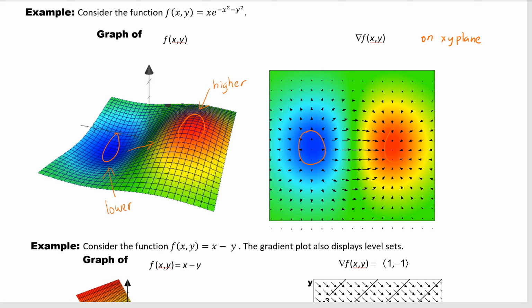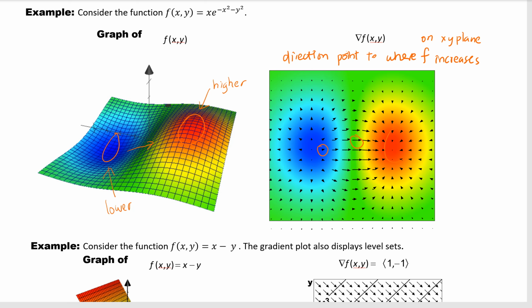So we can say the direction points to where f increases. And furthermore, can you see this arrow is bigger, and this arrow is smaller?